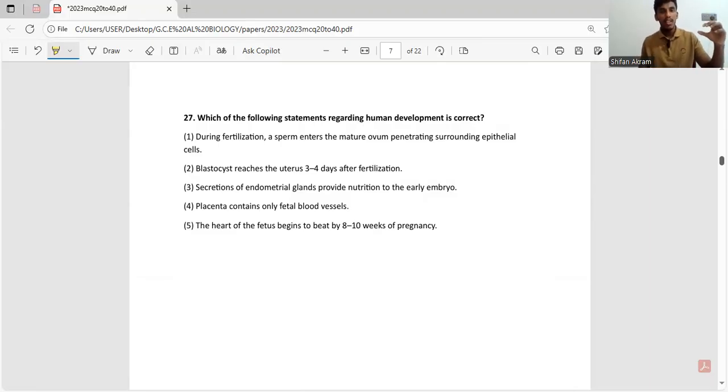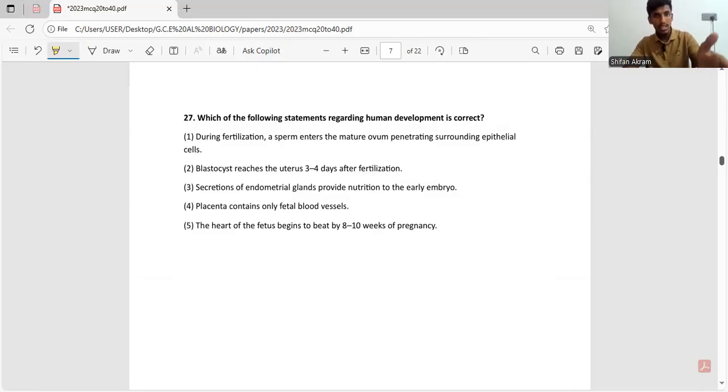We learned that the secondary oocyte is arrested at metaphase and does not form the mature ovum until the sperm penetrates inside the egg cell, right? So it is at the secondary oocyte stage, not the mature ovum stage. The statement says the sperm enters the mature ovum, but it is not a mature ovum, it is the secondary oocyte. That statement is wrong.